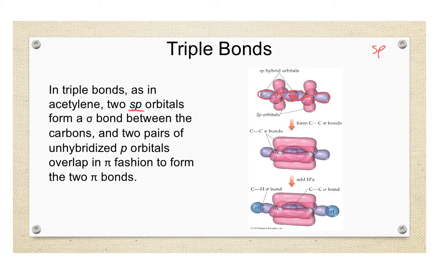That means that we've got two pairs of p orbitals that are left over, and those go up and down, so we're going to get side-to-side overlap there. But we also have another set of p orbitals left over that are front and back, and so we're going to get an overlap there. So you get one sigma bond, a pi bond here, and a front and back pi bond there, giving us a triple bond. And so this looks like that.